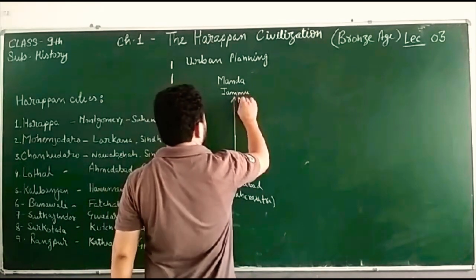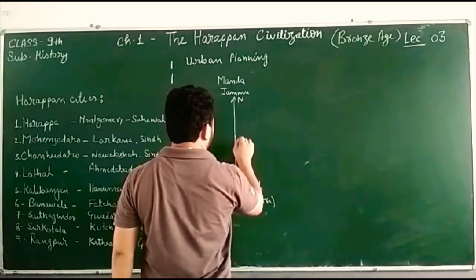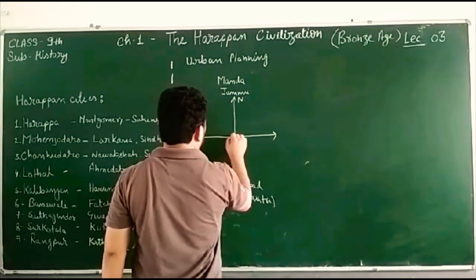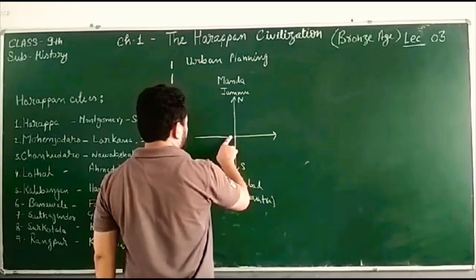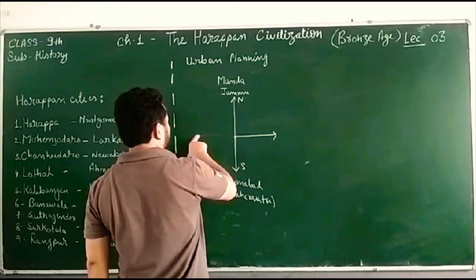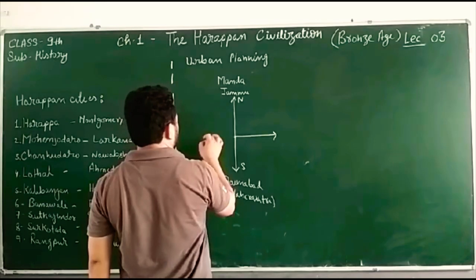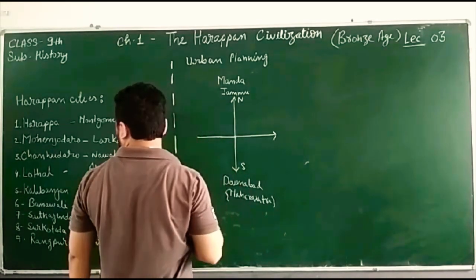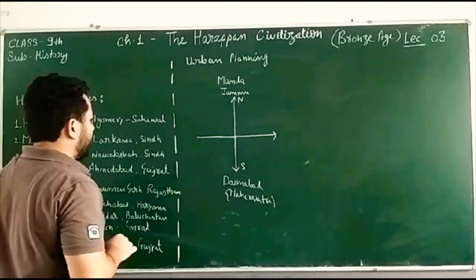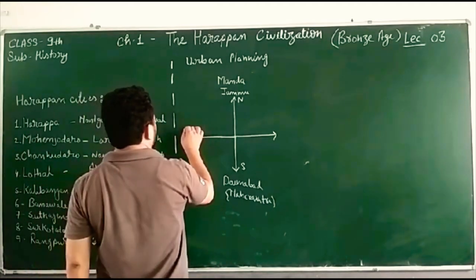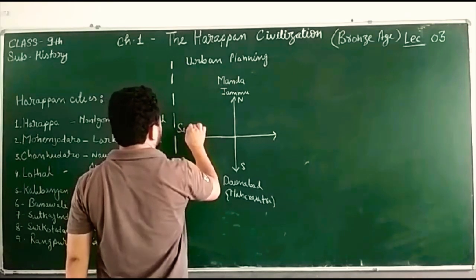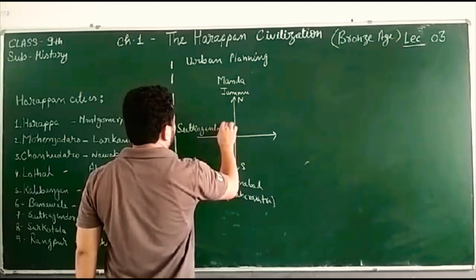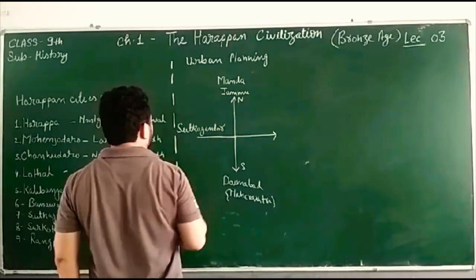It was the northernmost side, it was the southernmost side, and then here, Sutka Gandor, which is near Afghanistan or in Baluchistan, right?